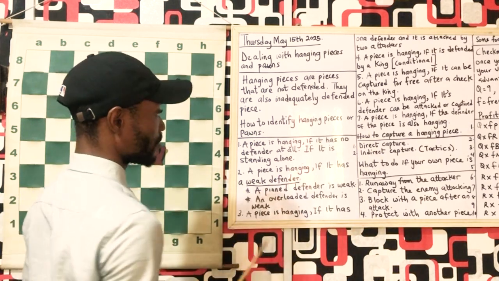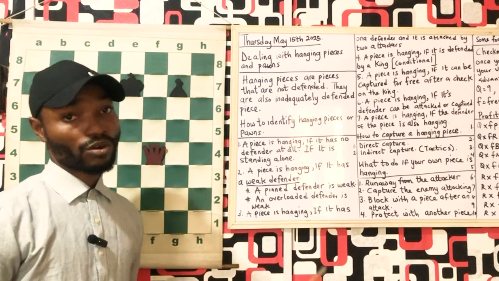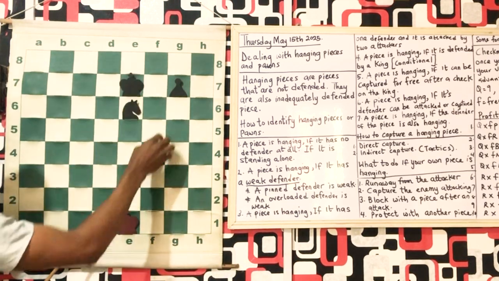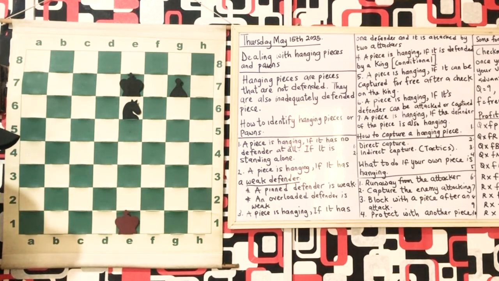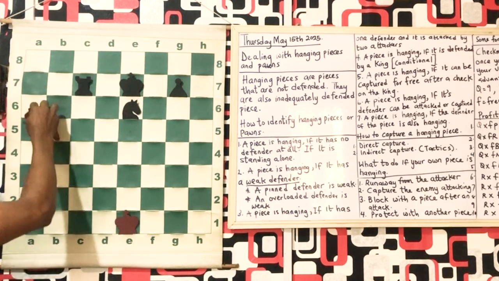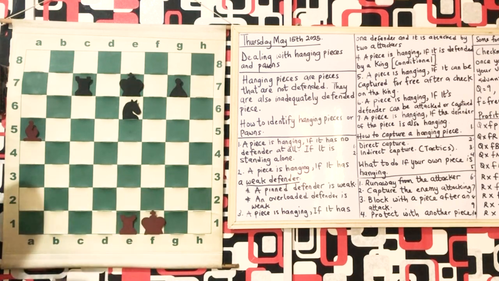In this scenario, a piece is hanging if its defender can be attacked or captured. Take a look at this example here. I'll go back to this position again to make it clear. The rook stays there. We have a bishop, and now this time around, there is a rook.